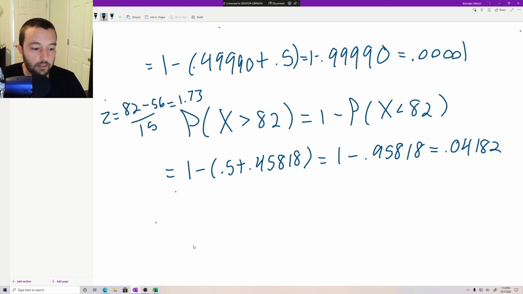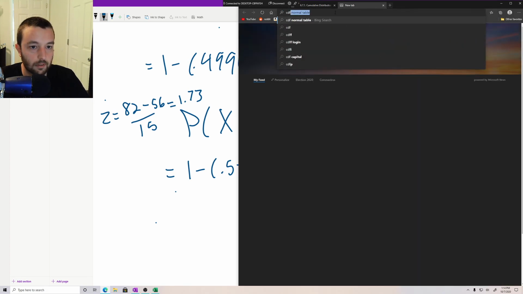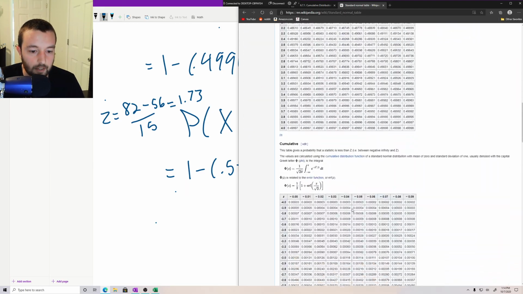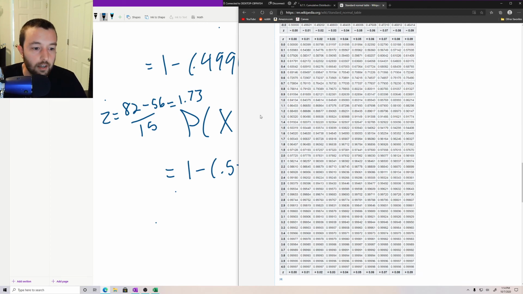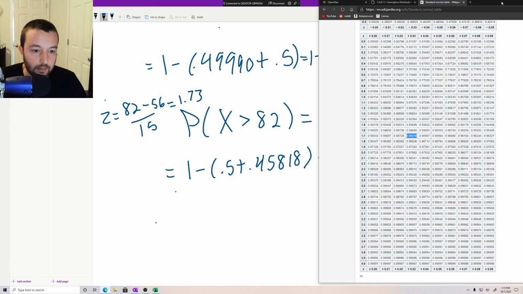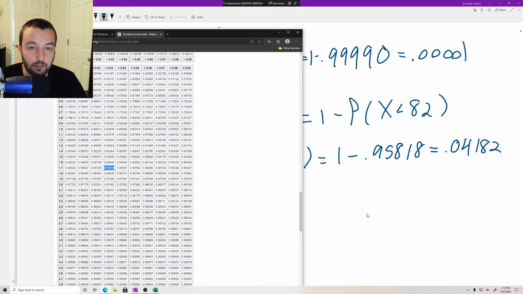So again, there's some other tables you could use. If we go to this Wikipedia table for the cumulative function, we could just find 1.73, which is right here, and then we get that 0.95818, which we had right away. Okay.